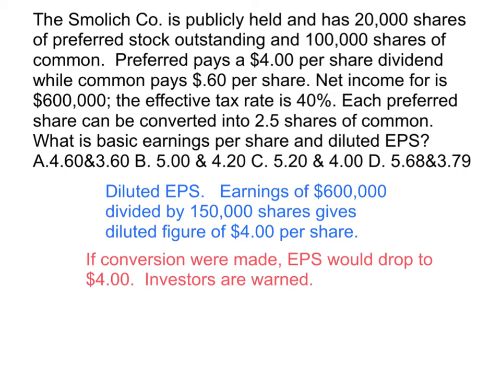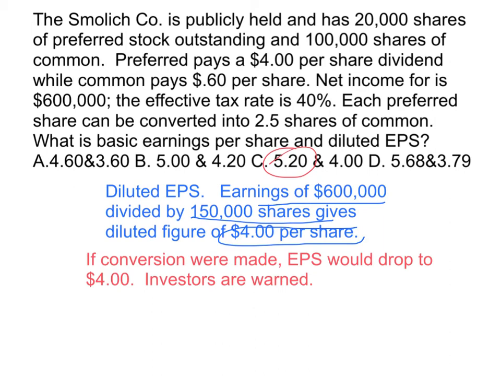So what do we know now? If we assume conversion, then we know that the earnings will be $600,000, that's $520,000, plus the $80,000 in dividends saved, and the number of shares will be 150,000 shares, which gives you a diluted earnings per share of $4. And as we have said before, we know that the basic earnings per share is $5.20.